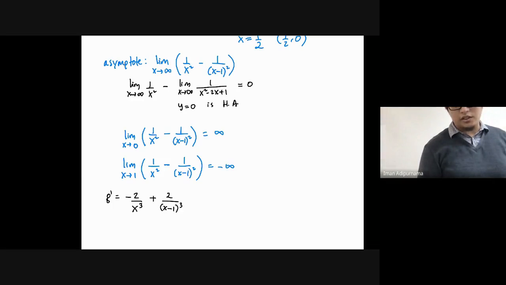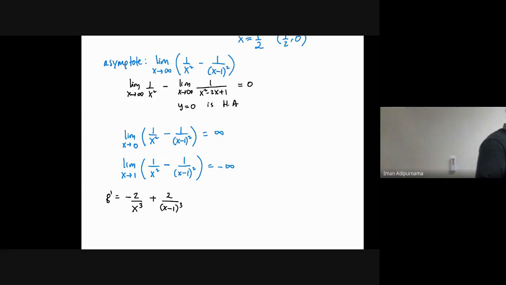And same thing here, differentiate, and because it's negative, it becomes positive 2. Because it's only x minus a constant, then that should be only 1. Okay, now we have this g prime.